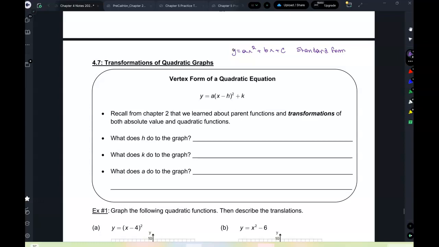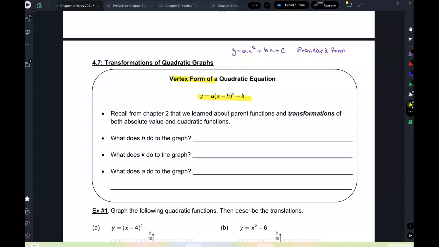Now, you can switch this around and write it in a different form, which looks like this. We call this the vertex form of a quadratic equation. We've seen that before, right? a(x minus h) squared plus k. We saw this in chapter 2.